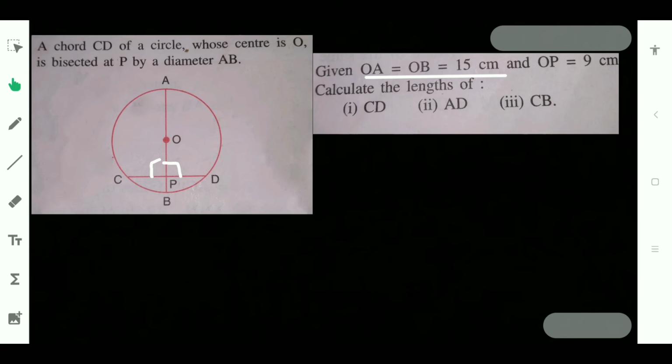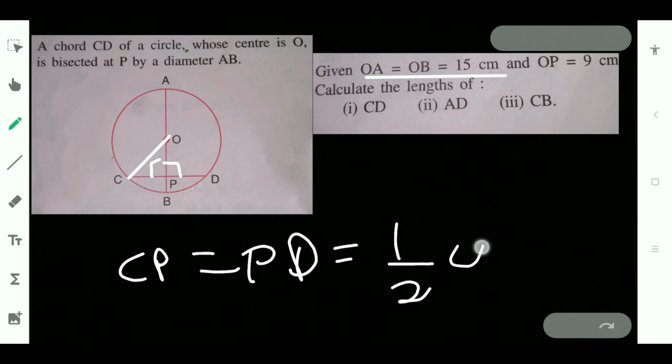In order to know that, we have to get the length of OC. When we draw the length of OC, we'll be getting the radius, and from this a triangle will be there, right? I'm drawing this from the center. Now here we have to get OP.